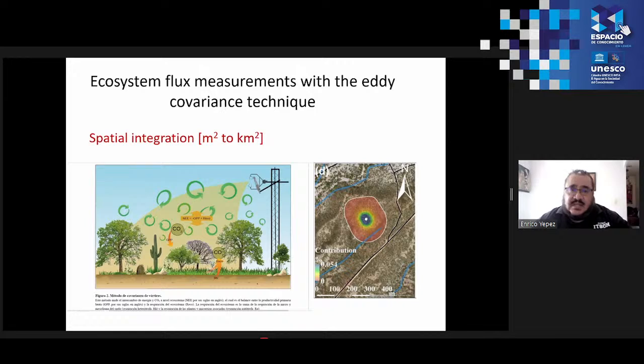So we can integrate over several square meters or even 2 kilometers, depending on how we set up our installation and the properties of the terrain that we're measuring. So this technique is very potent to understand ecosystem processes in real time at an appropriate scale, because we are integrating all the components that are contributing to the gas exchange in these ecosystems.